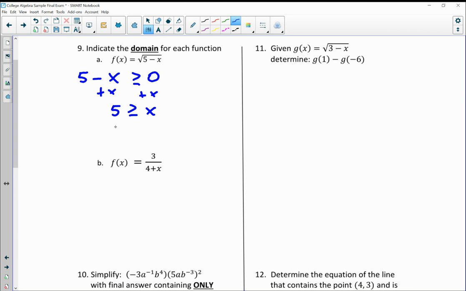What that translates to is x is less than or equal to 5. Okay, so we could do a set builder notation of all x's such that x is less than or equal to 5, or you can do an interval notation, which will be negative infinity to 5 and close bracket on the 5.